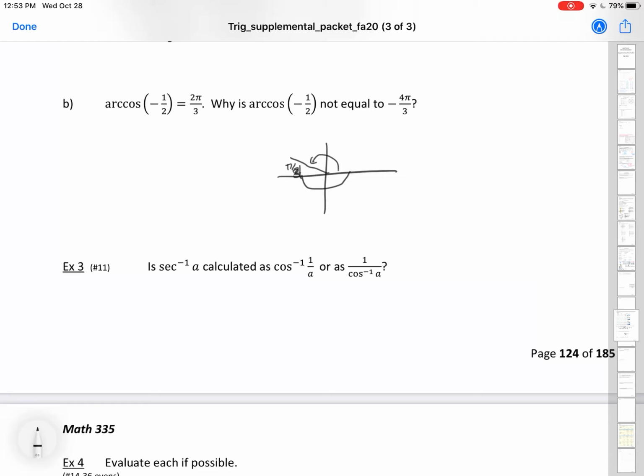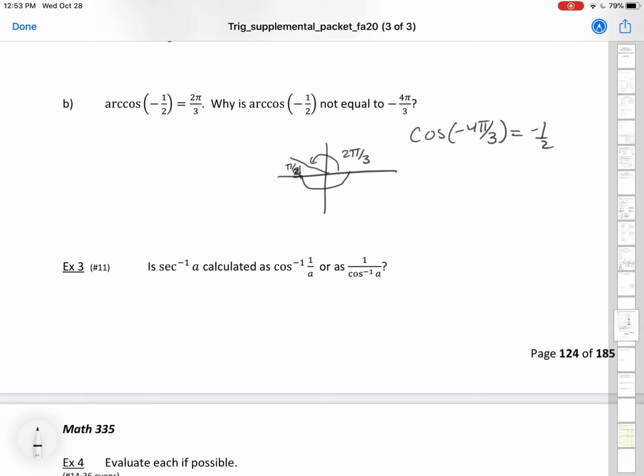And that's the exact same terminal side as 2 pi over 3. This is why they're asking the question. Why is it not equal to that? Because somebody would say, well, then the cosine of -4 pi over 3 is also going to be -1/2.